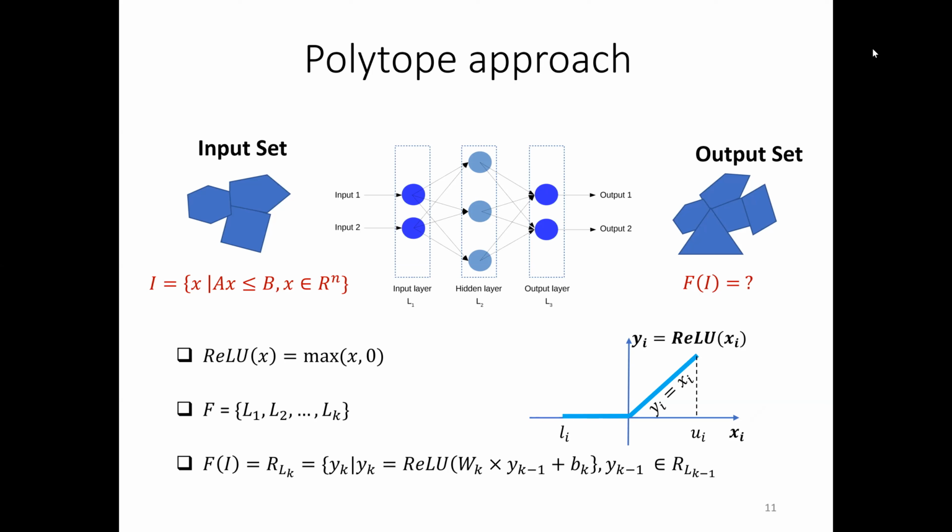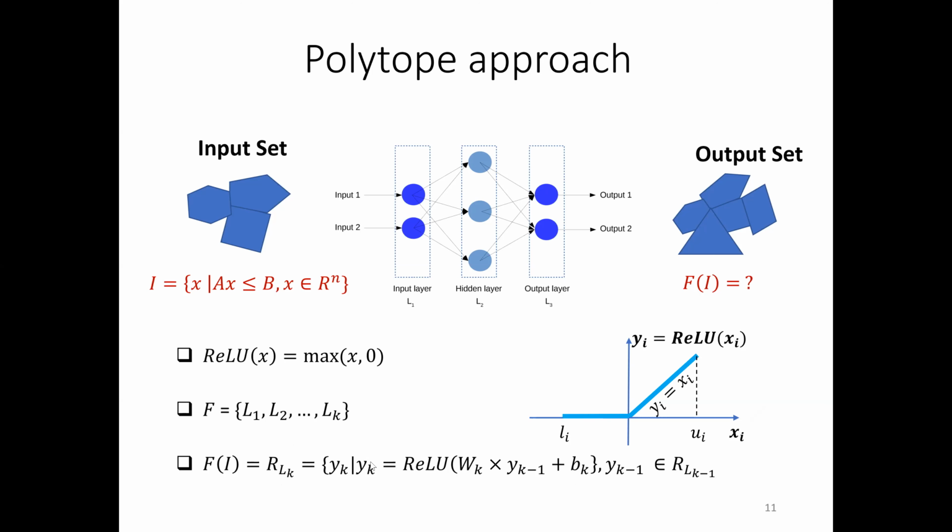The neural network can be seen as a set of layers, L1 to Lk, an array of layer objects. The reachable set of the network can be defined recursively like this. If you have k layers, L1 to Lk, then the reachable set is the output set of layer k, and the output set of layer k is defined based on this equation.